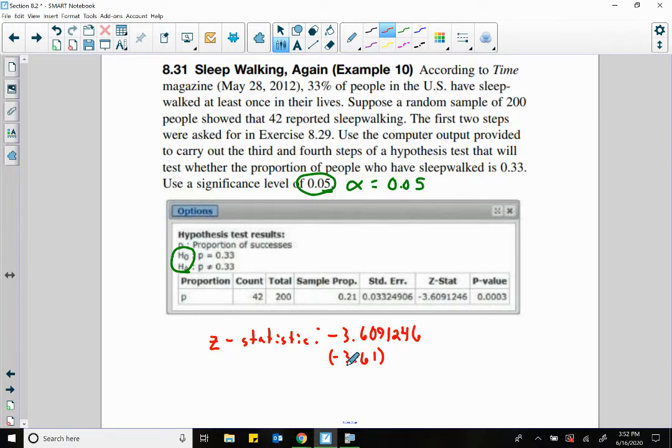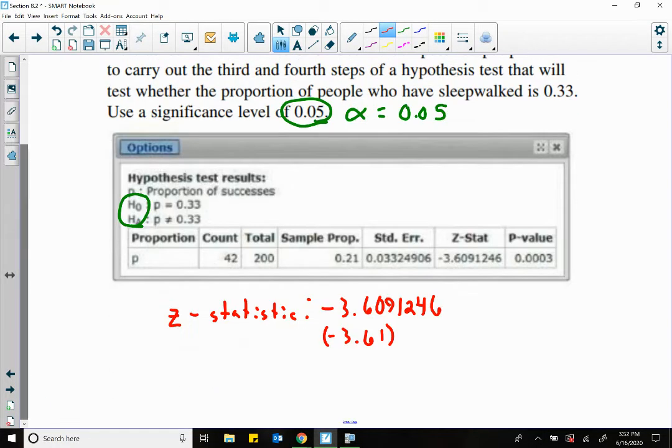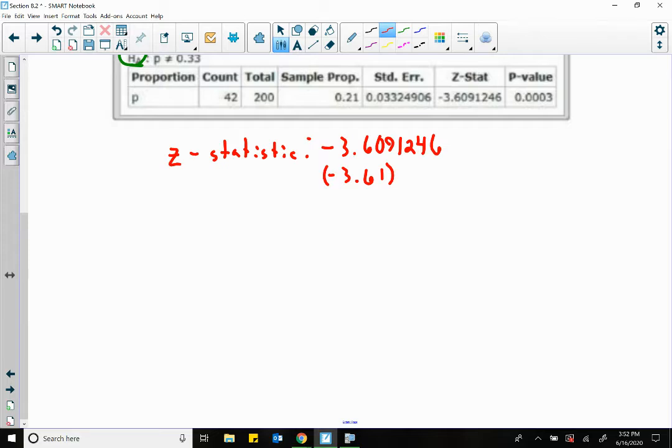Now you could take this, and this is a 2-tail. So if you wanted to, you could go and use the table that's on A-2 and A-3 and look up the probabilities for this.